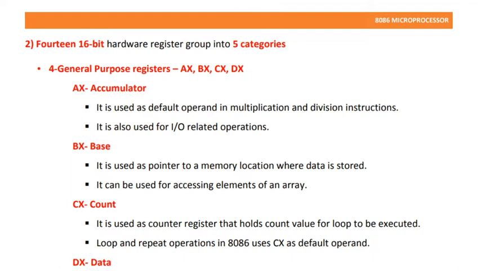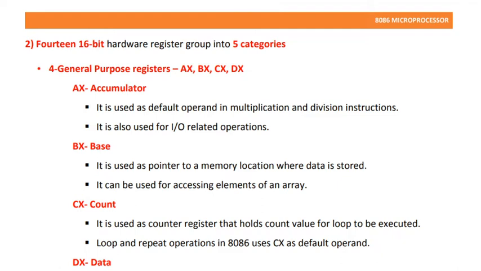Again, I'll repeat it. There are 4 general purpose registers, 4 segment registers, 4 pointer and index registers, 1 instruction pointer and 1 flag register. Now, let us discuss these categories in greater detail.